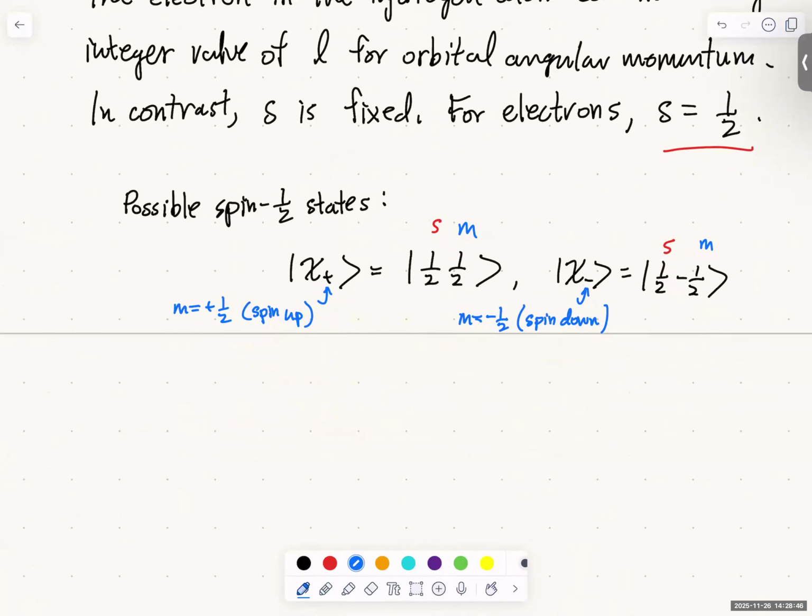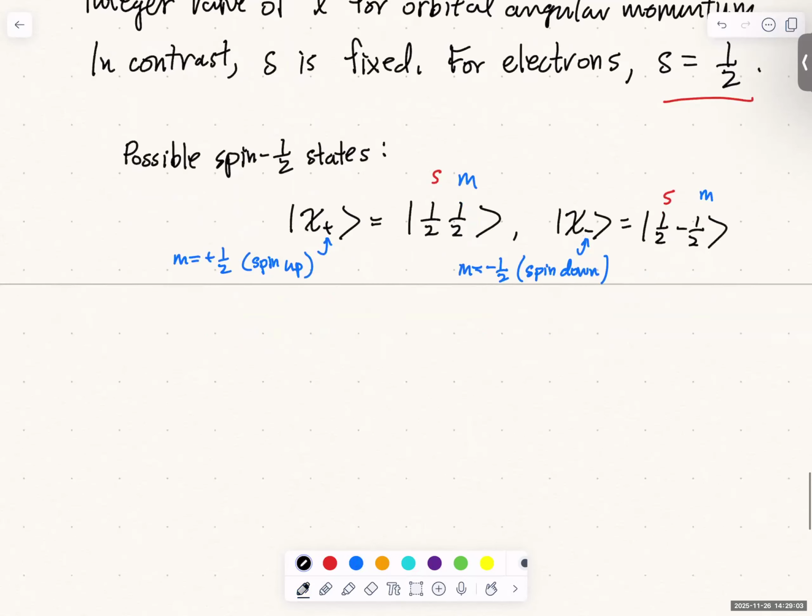So if those are our two only eigenstates, we should be able to write any general spin state as a superposition of these two eigenstates. That's what we've been doing all term long for our eigenstates and expanding general wave functions in terms of components aligned with particular eigenstates.